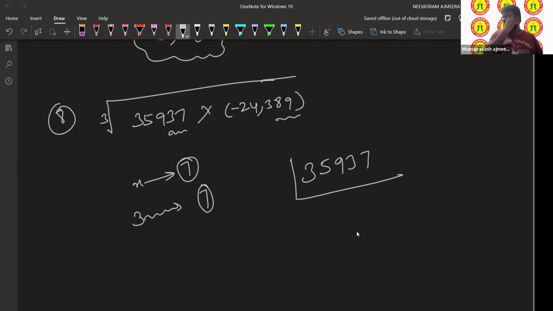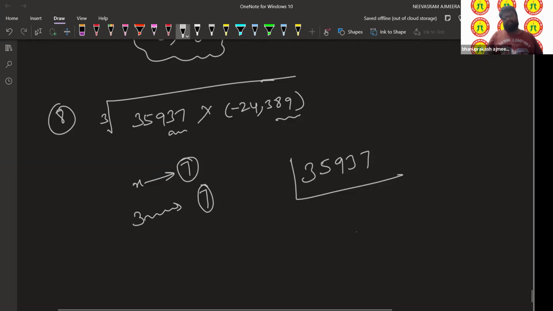So now go with prime factorization and find out which cube it is. Please go for the prime factorization method here and send your answers in the chat box.